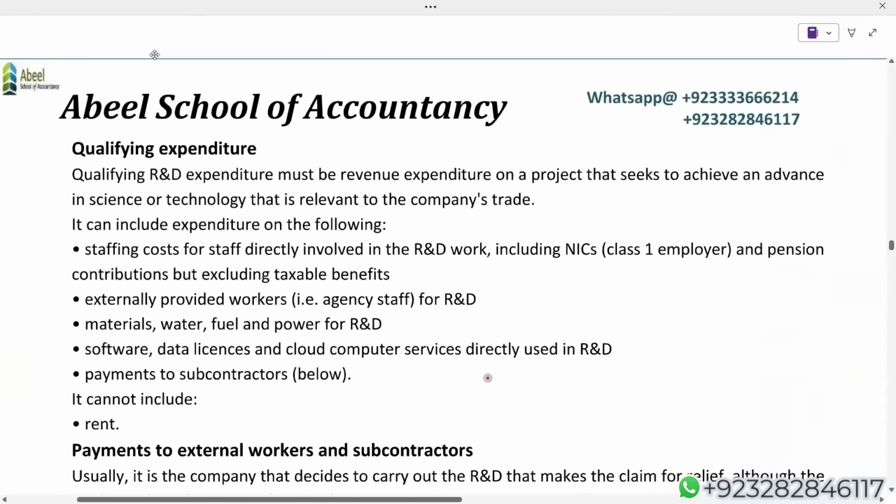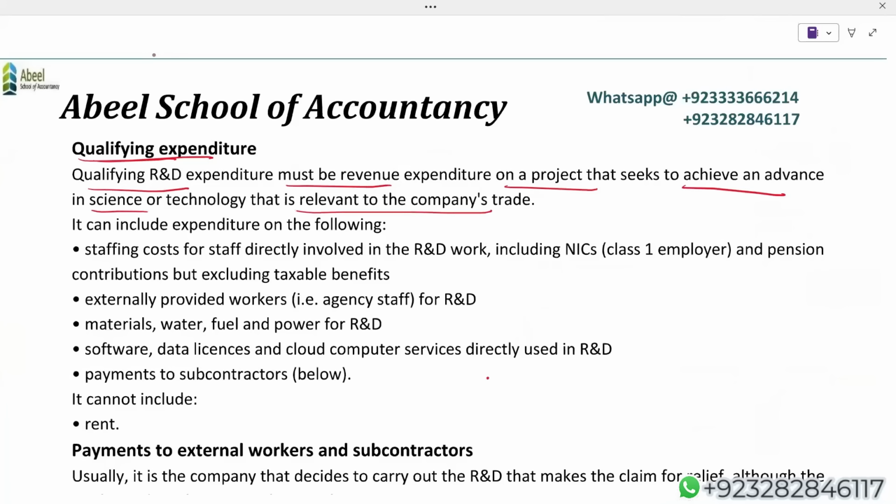Qualifying expenditure. Qualifying R&D expenditure must be revenue expenditure on a project that seeks to achieve an advance in science or technology that is relevant to the company's trade. It can include expenditure on the following: staffing costs for staff directly involved in R&D work, including employer NIC class 1 and pension contributions, but excluding what?